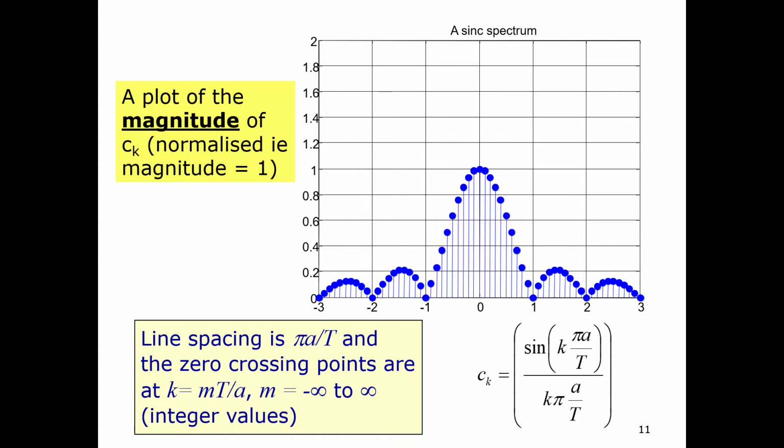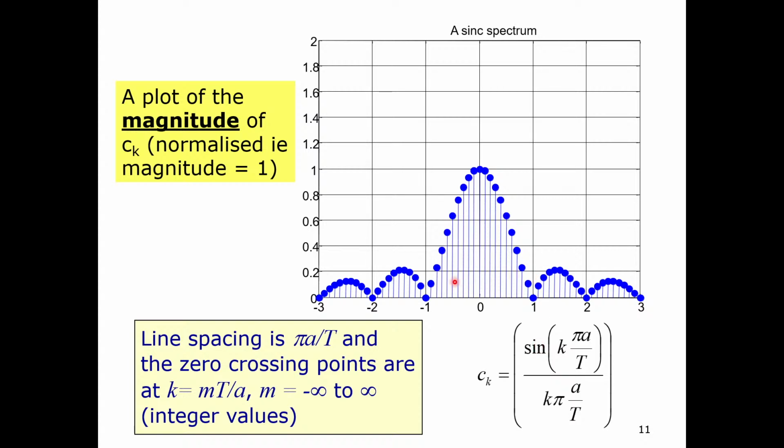Now, one thing to note here is that as T increases, the lines here will get closer together. Conversely, as a decreases, because a is in the numerator, this k pi a on T, which we're going to be referring to as mT on a, will increase accordingly.